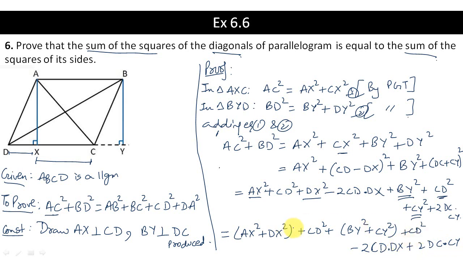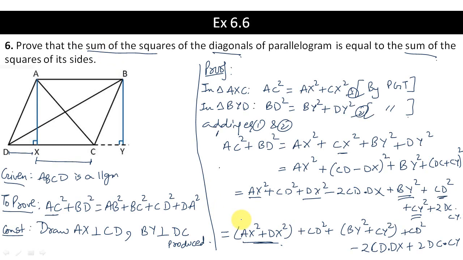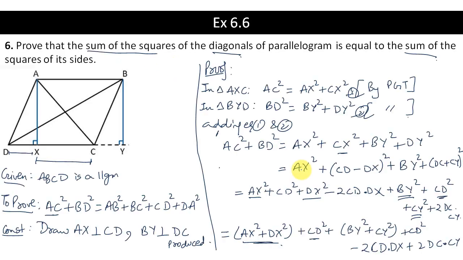Okay. This AX square plus DX square. So if we consider triangle AXD, AX square and DX square will form AD square by Pythagoras theorem. AX square plus DX square will be equal to AD square, plus CD square which will remain same, plus BY square plus CY square.